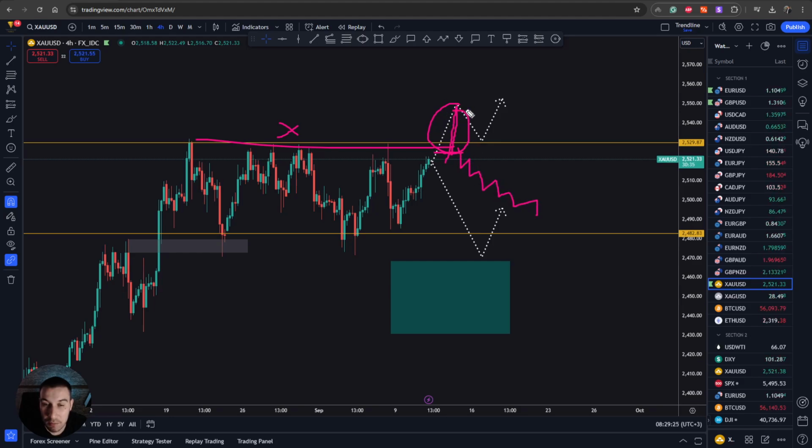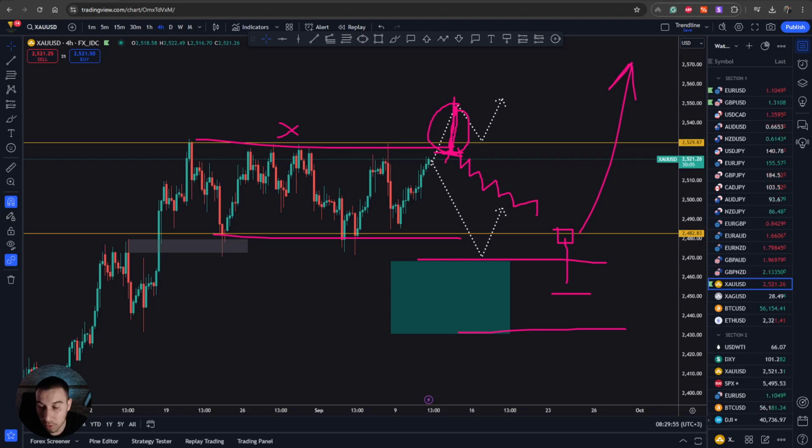So if I get a rejection wick and a candle closing down below the previous highs, I will be waiting for a pullback. Once this pullback develops, I really want to see how price action will react around those lows, where eventually I'm going to be looking to take a buy trade, based on the same signal. If we manage to retest the buy area that we currently have, that will be even better. Then we will have a confirmed setup, so we can look for long opportunities.